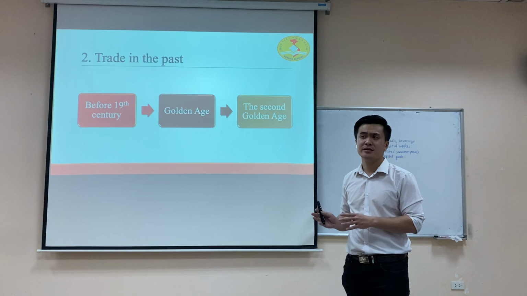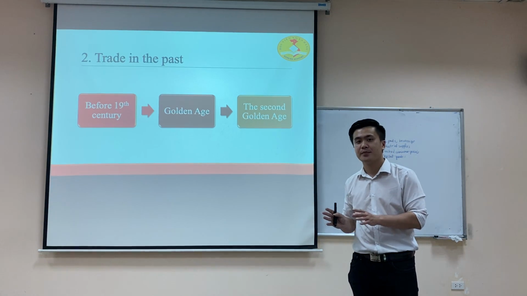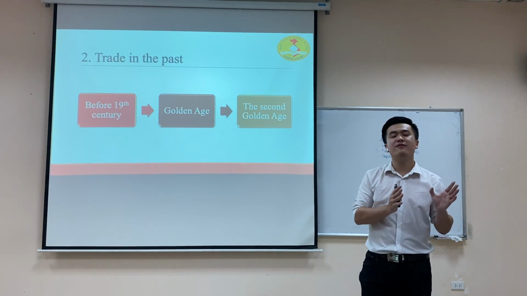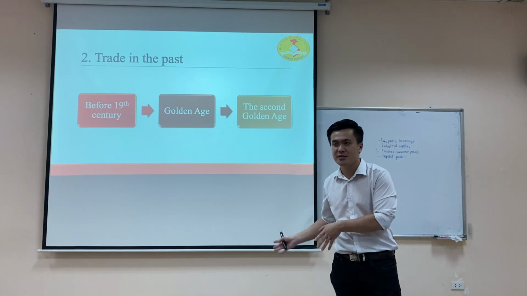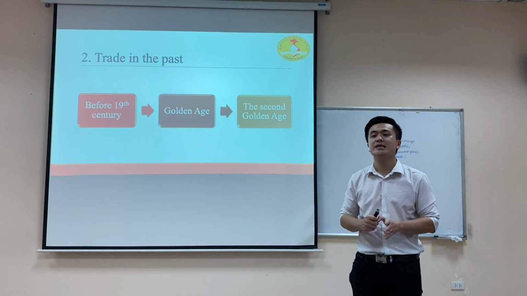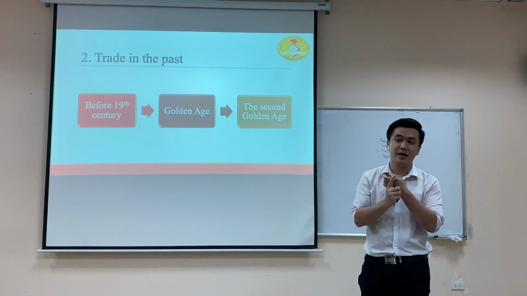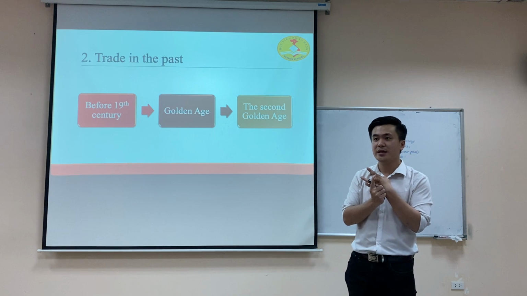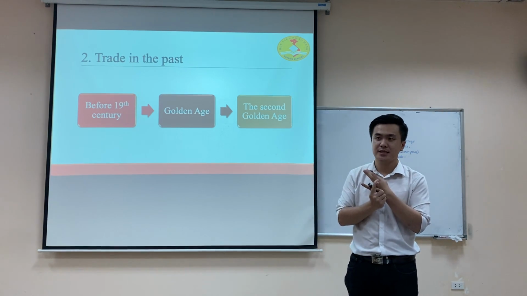So what did they exchange? They exchanged goods that were available in some countries, but weren't in others. So what did they exchange? Yeah, natural resources. Anything else? They exchanged agricultural products and maybe some crafts, right?